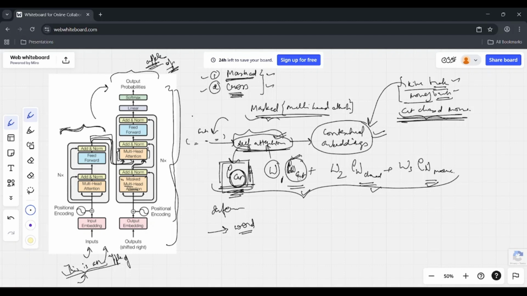But at the time of inference, you will not have the complete sentence. It's not like you have the complete sentence "this is an apple" and you're just passing in part of it. This is not how inference happens. Whatever you are predicting at that time, you will not have the entire sentence. Otherwise, there would be no point of having a model if you already know everything.